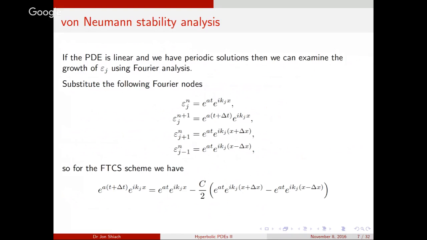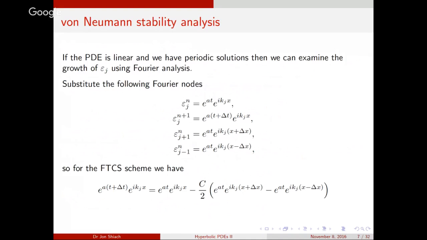So what we do is we substitute in these Fourier nodes. Remember J is one of your finite difference nodes. Superscript n is what time level you're at. And we say the error is equal to the exponential of a times time.